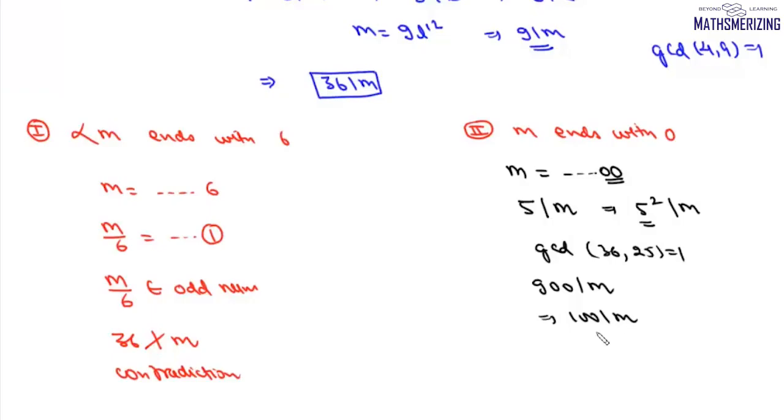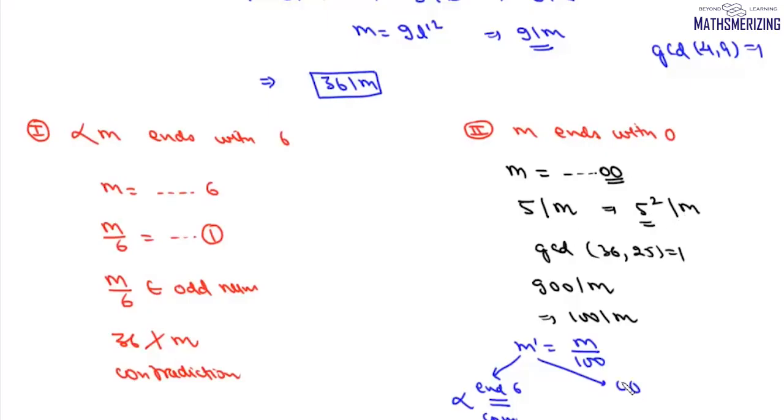Now if 100 divides m, then we can write m dash as m by 100. Now this m dash either can end with 6 or it can end with 0. Now if it ends with 6, then from the same argument we can say that it cannot be a perfect square. We'll get a contradiction. And if it ends with 0, then 5 divides m dash and 5 square divides m dash.